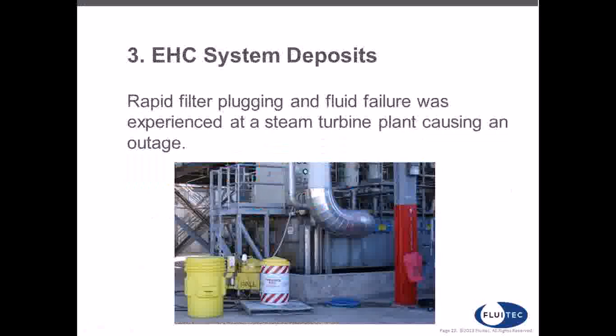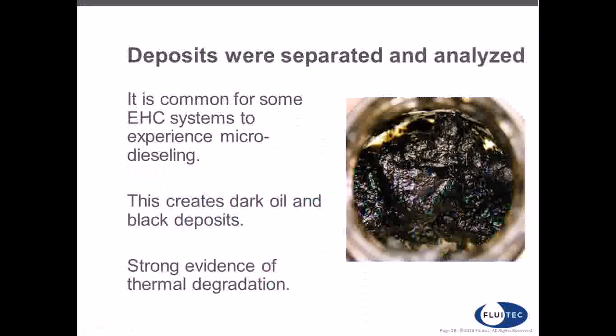We've seen this many times. In fact, there was a very good EPRI report produced 10 years or so ago that discussed the formation of black deposits in phosphate ester fluids. So it's a well-known phenomenon. Typically when I see this, I assume it's microdieseling.